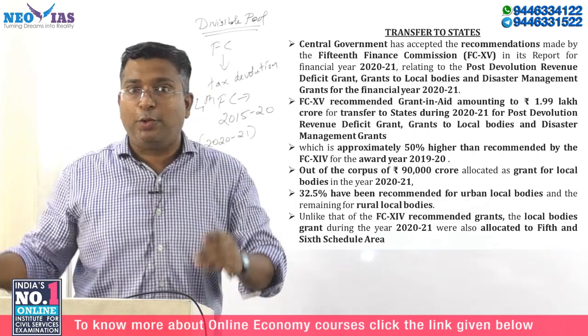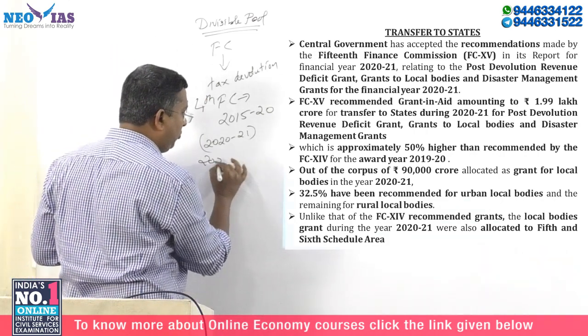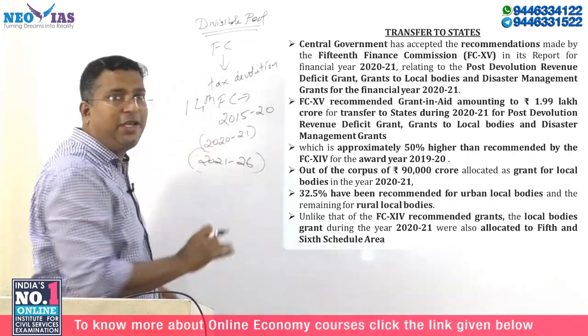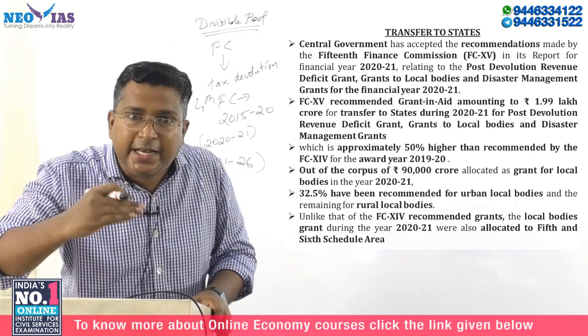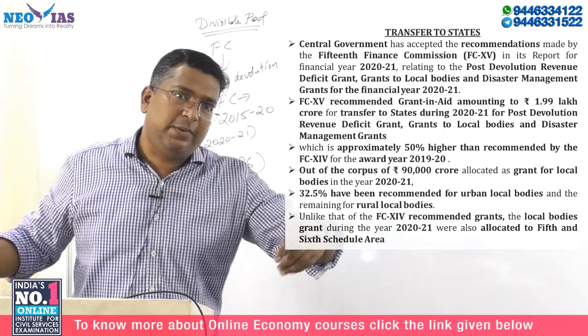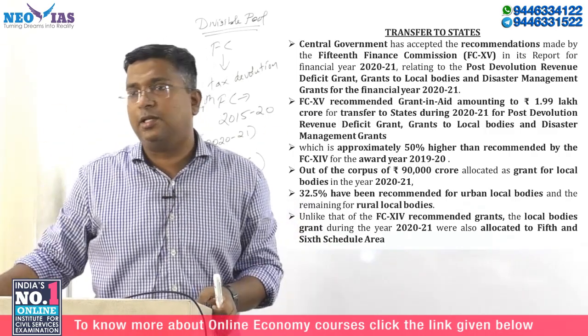But that Finance Commission report is for the next 5 years, that is from 21 to 26. So this chain is broken. Next 1 year is there. So for 1 year it made a recommendation, and then for the next 5 years. It was an interim report for 1 year. Now the full report is submitted.